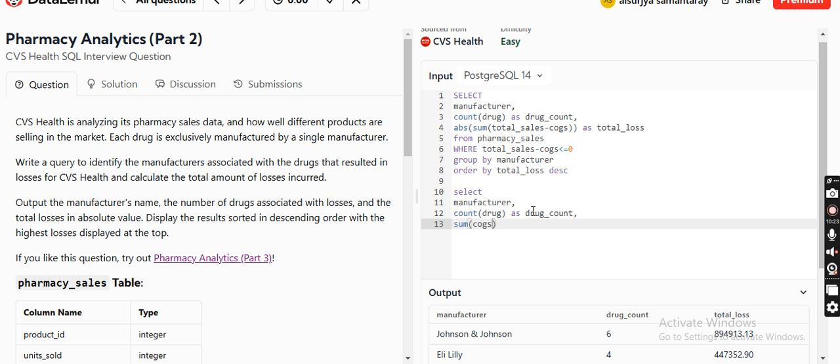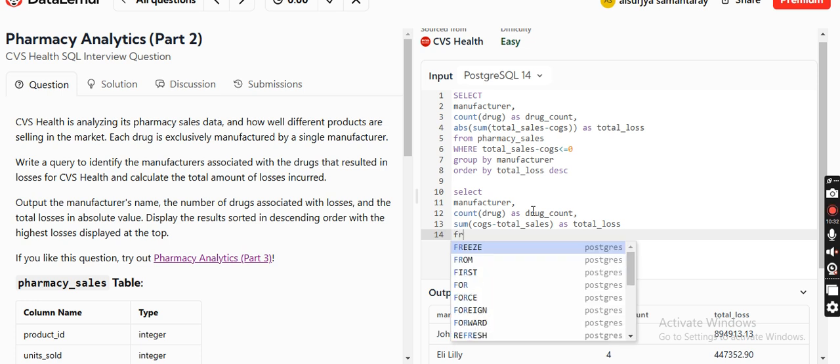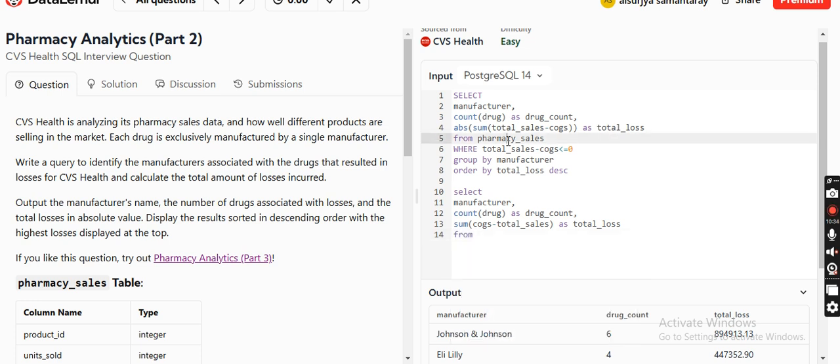So I will just revert this: COGS minus total sales as total loss from the pharmacy sales table, where COGS is greater than total sales, grouped by manufacturer.